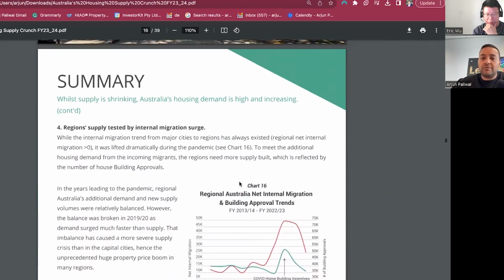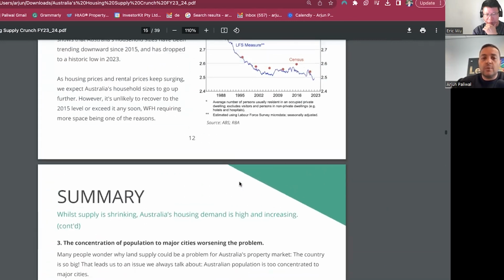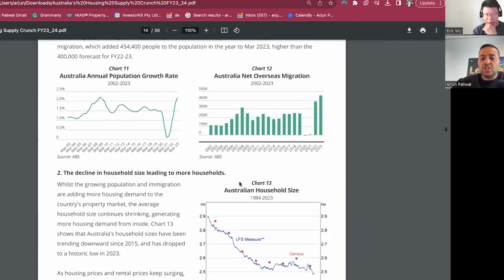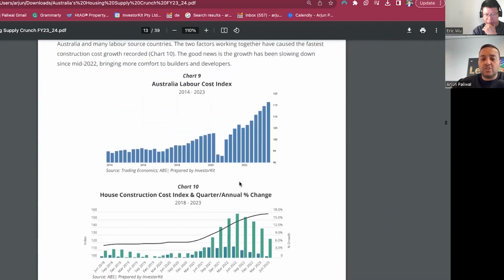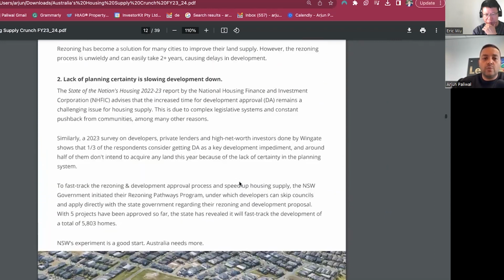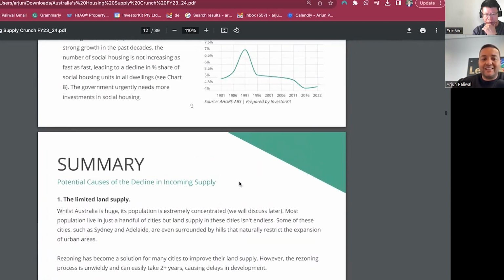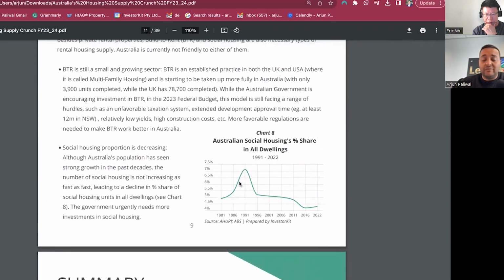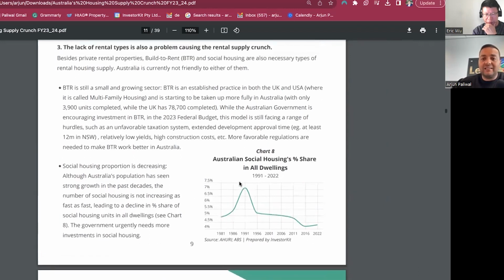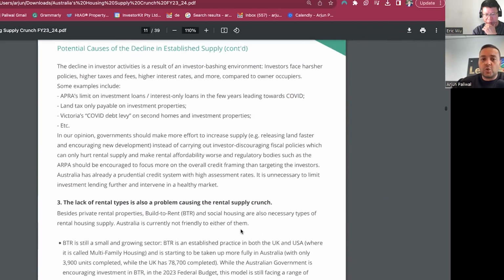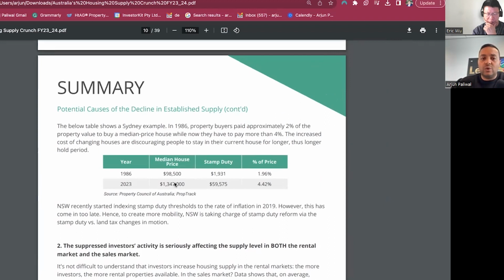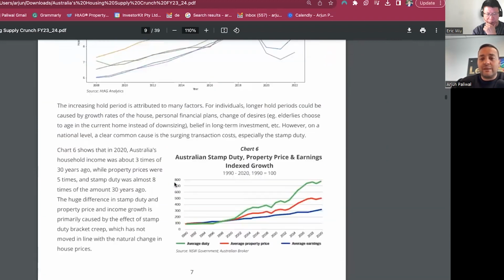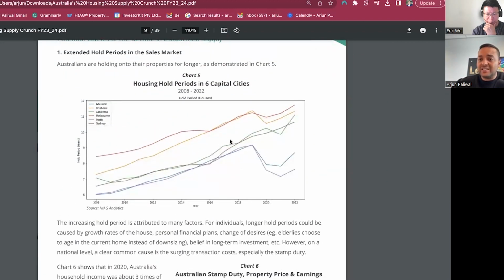It's a combination of migration internally and overseas, population concentration, shift in household size, also going to the supply issues of construction costs and labor costs, moving back up into planning and limited land supply and release of that supply with the red tape being cut, our government stepping up on social housing, our investors getting a fairer chance to play at the game of life, and then also the stamp duty, government costs and holding costs increasing over time.